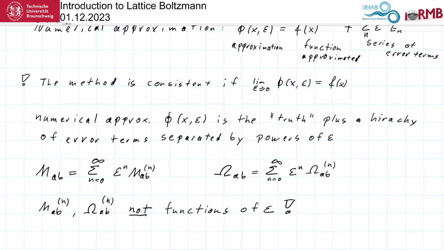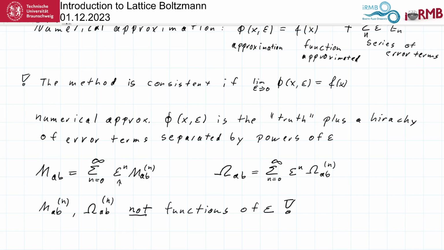Well, the functionality from epsilon is put into the series expansion. Yeah? So, MAB is a function of epsilon, obviously. But we express it in a series where we have constants times epsilon by power n.